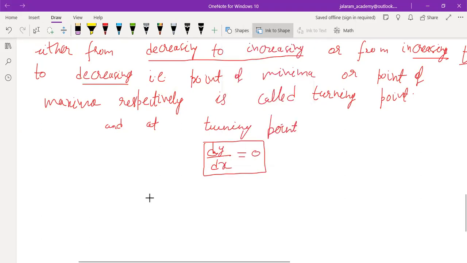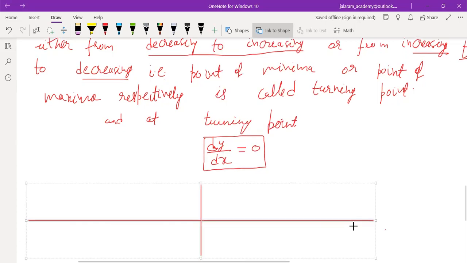Can you tell any example of the curve in which you have seen several maxima and several minima point? Sin x, cos x. Circle. Yes, sin x and cos x. A circle has only one.